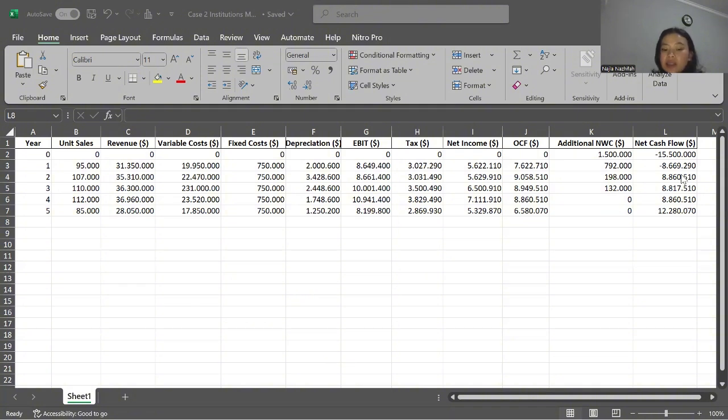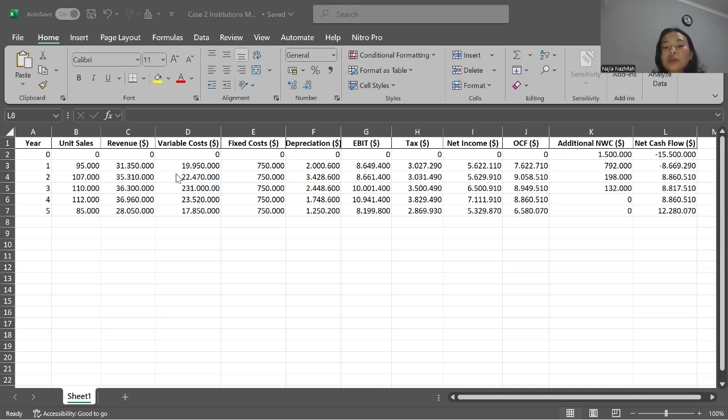Next is second year, continued growth. Unit sales is 107,000. The revenue is 107,000 times 330. We got $35,310,000. Next is variable cost. It's 107,000 times 210.